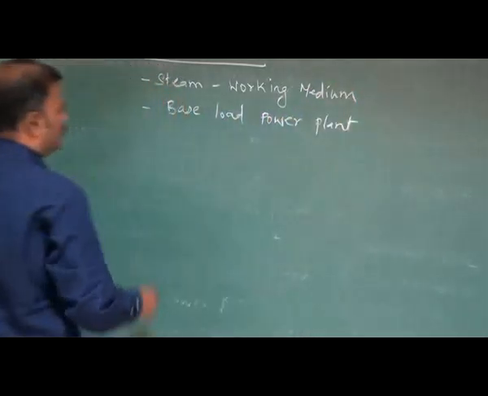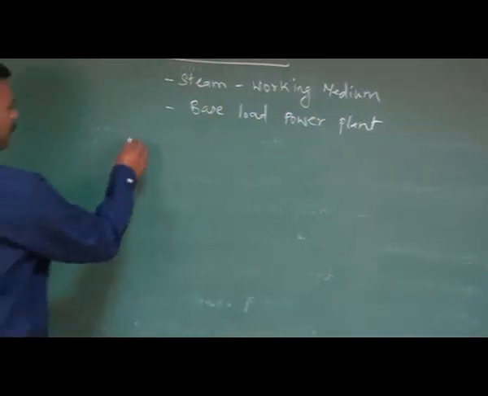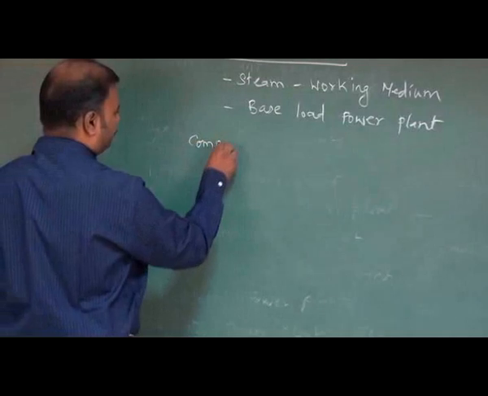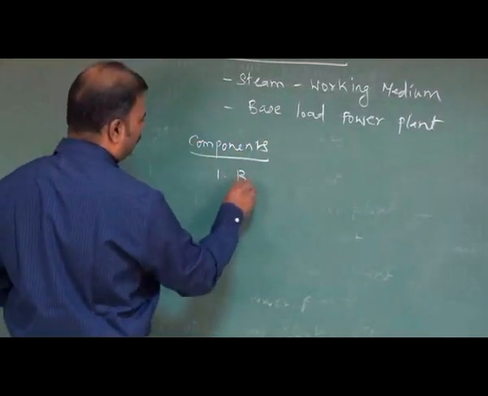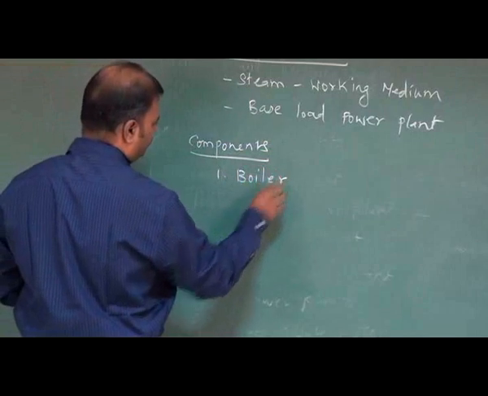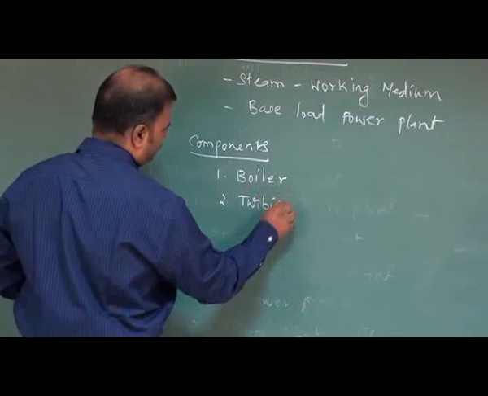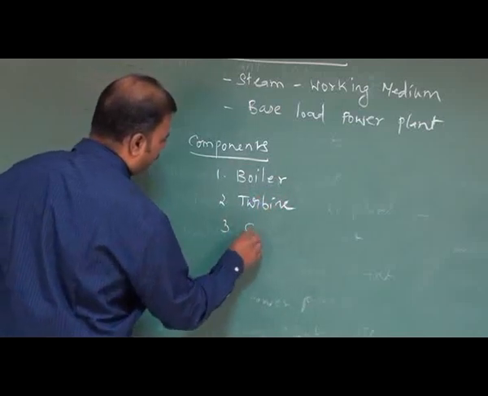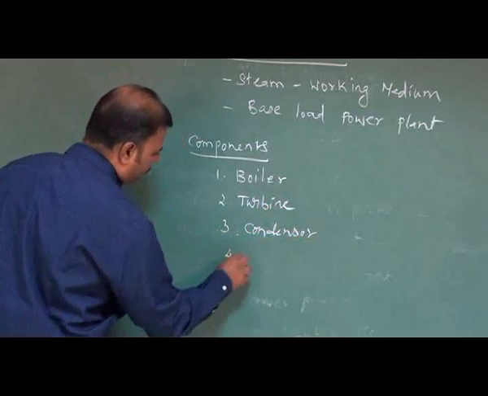Here the important components of the power plant are: the first one is boiler, the second one is turbine, the third one is condenser, the fourth one is pump.